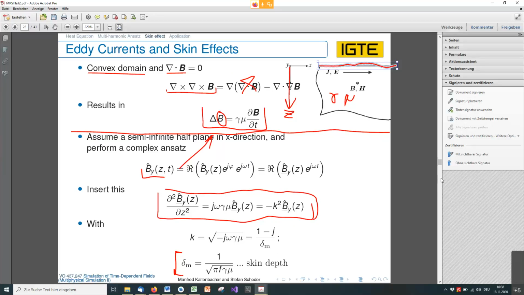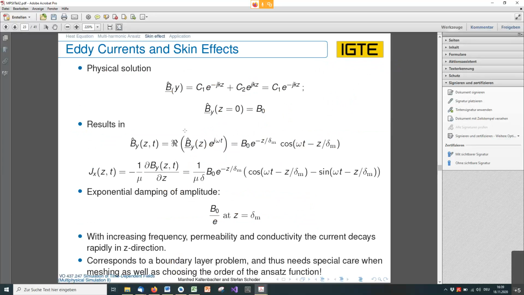Boundary layer is probably more familiar in the context of fluid dynamics, but here we also have a kind of boundary layer equation, though it's a little bit different. Compared to fluid dynamics, we have here a complex boundary value problem, and this is treated a little bit differently.